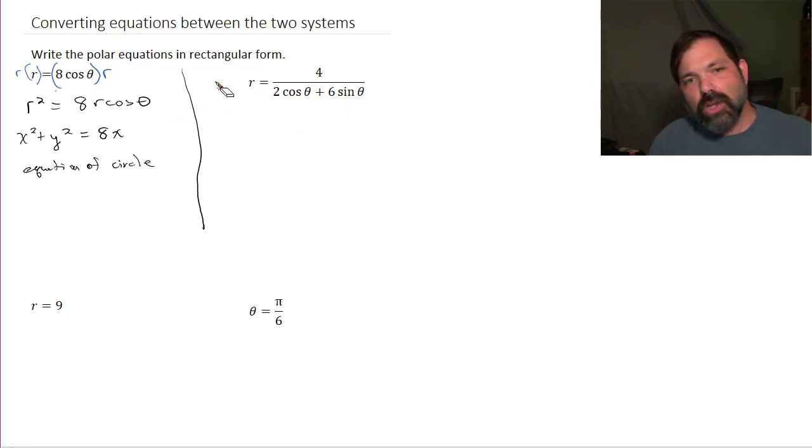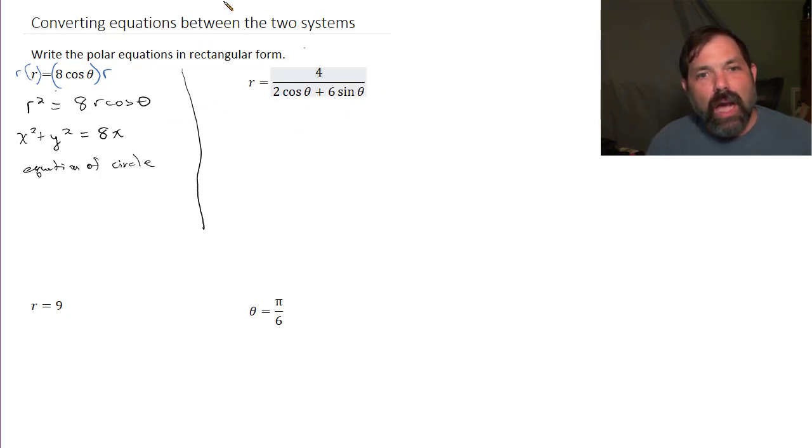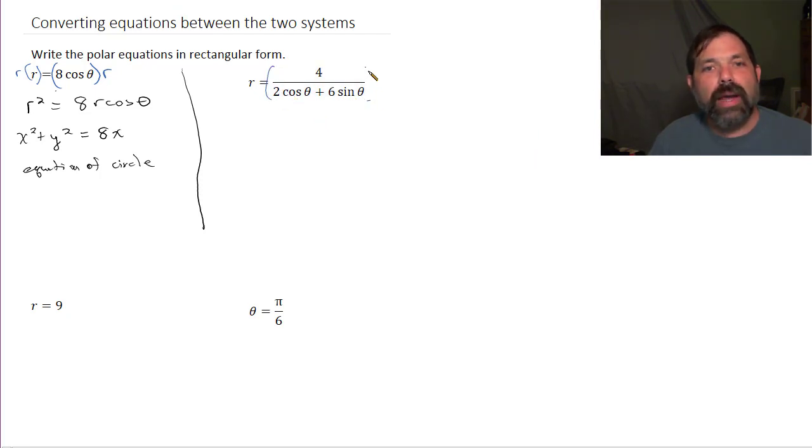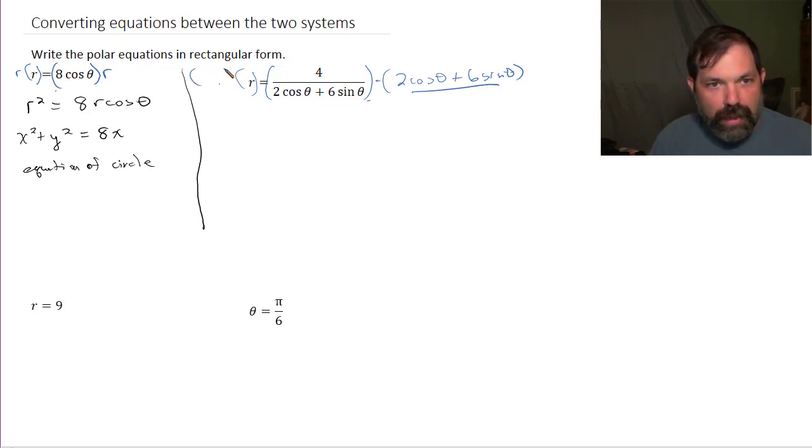So what I'm going to do instead is get rid of the fraction. And so I'm going to multiply both sides of the equation by the common denominator, 2 cosine theta plus 6 sine theta. So I'm multiplying the right-hand side by that same quantity. And so notice then that takes that quantity and multiplies it by r.